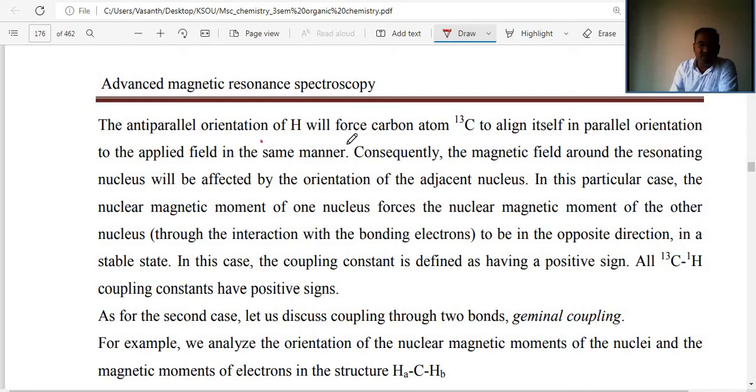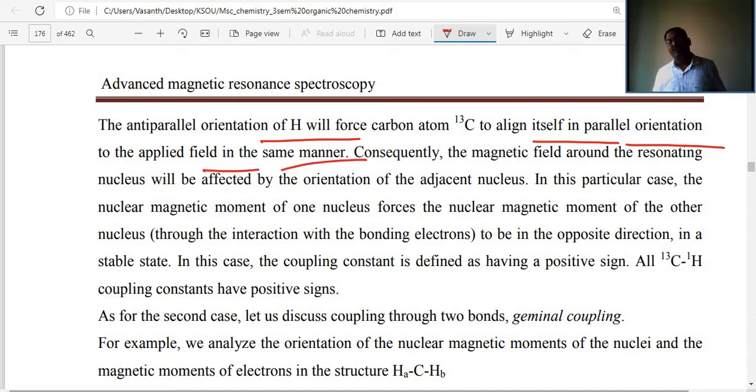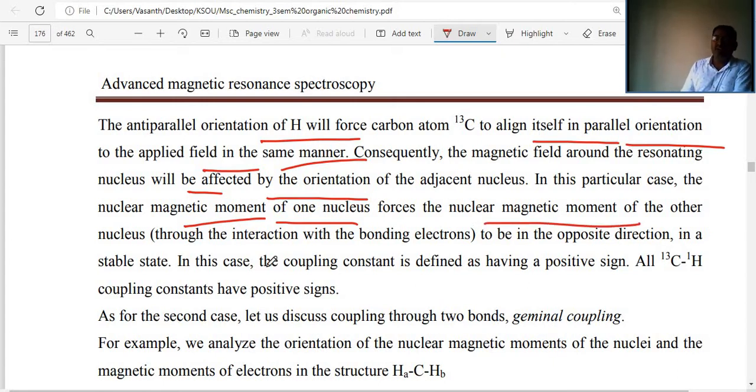The anti-parallel orientation of the proton will force the carbon atom to align itself in parallel orientation to the applied field in the same manner. Consequently, the magnetic field around the resonating nucleus will be affected by the orientation of the adjacent nucleus. In this case, the nuclear magnetic moment of one nucleus influences the nuclear magnetic moment of the other nucleus.